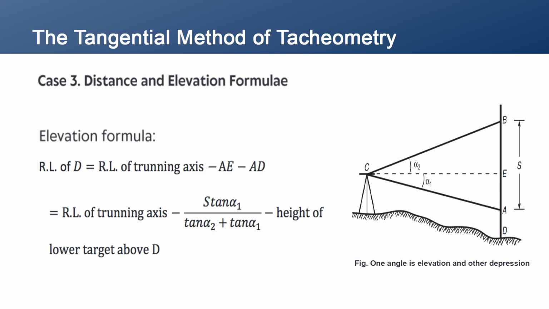Now, let us calculate the reduced level of the point D. The reduced level of the point D is equal to the reduced level of the trunnion axis minus AE minus AD.